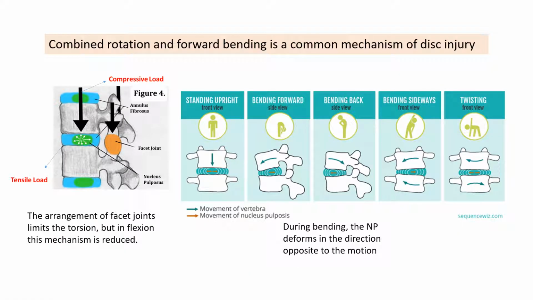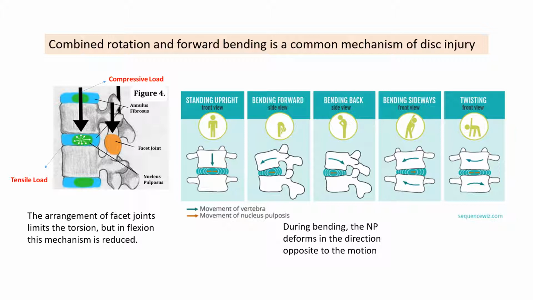During the standing position, we have a compressive load on our spine by gravity, and this compressive load is applied to the nucleus pulposus of our discs, and can be distributed homogeneously in the nucleus pulposus. But we also have tensile load in the annulus fibrosus.